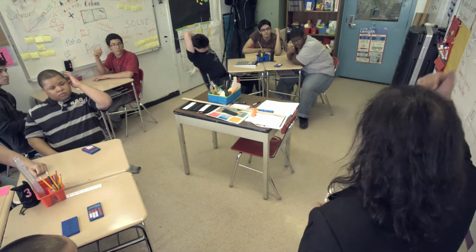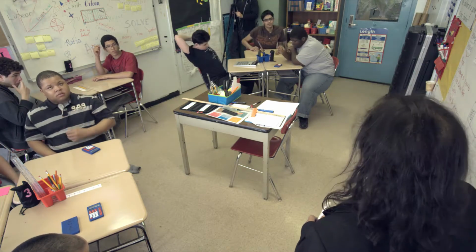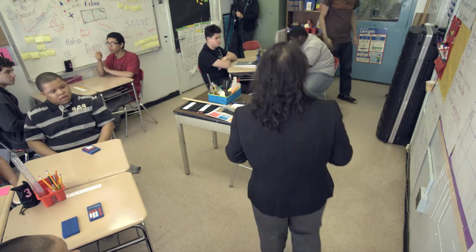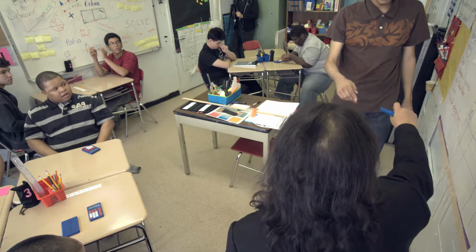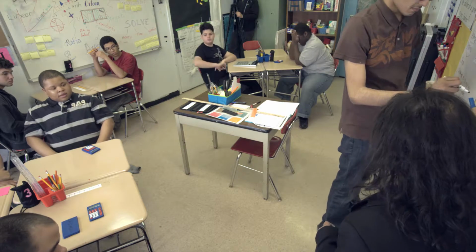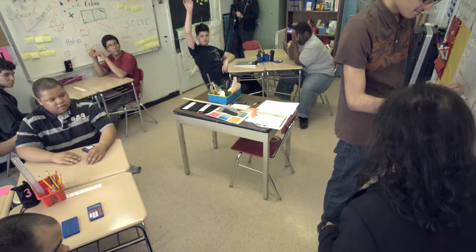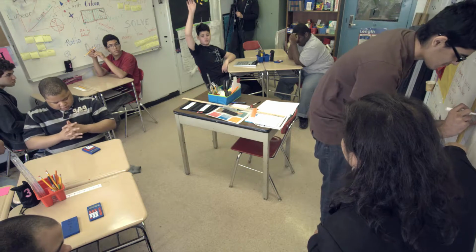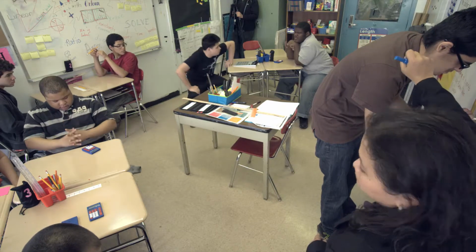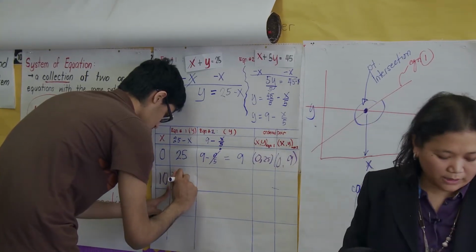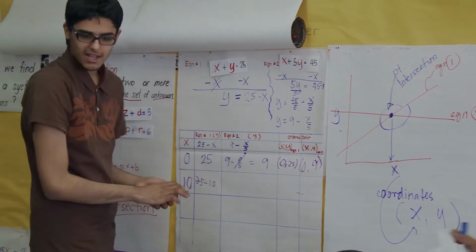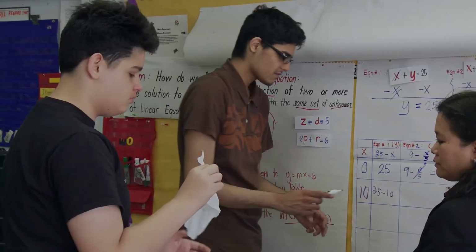Jason, help me out here. What's 25 minus 10? 25 minus x. Well, what is x? So 10. So 25 minus 10.